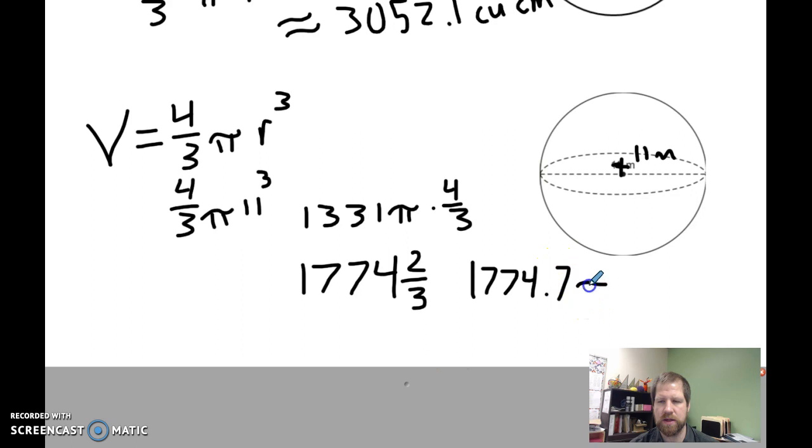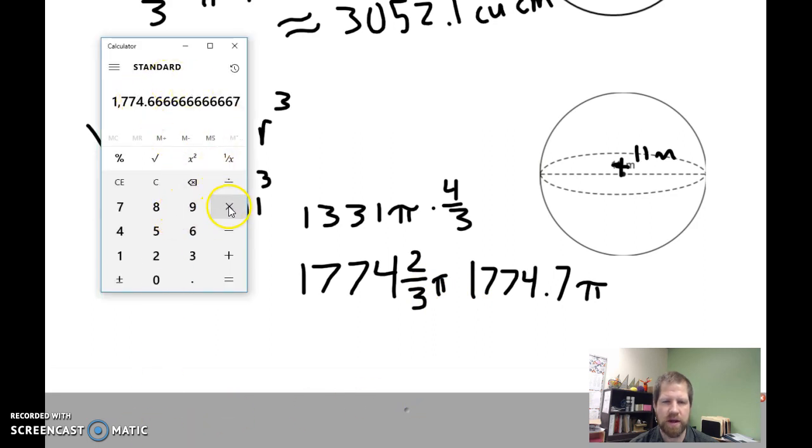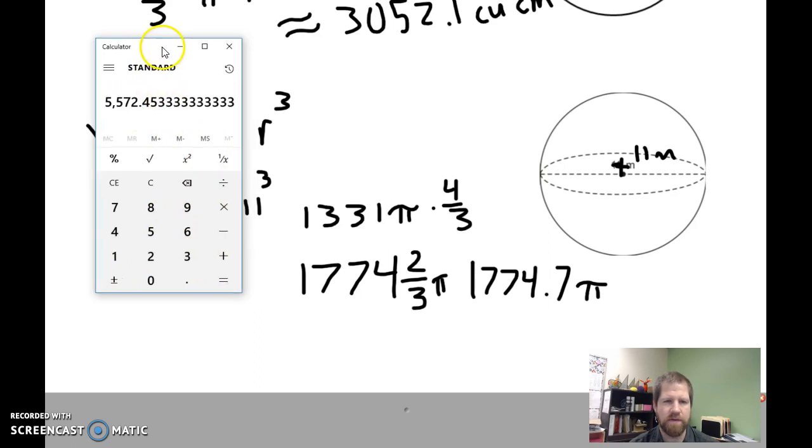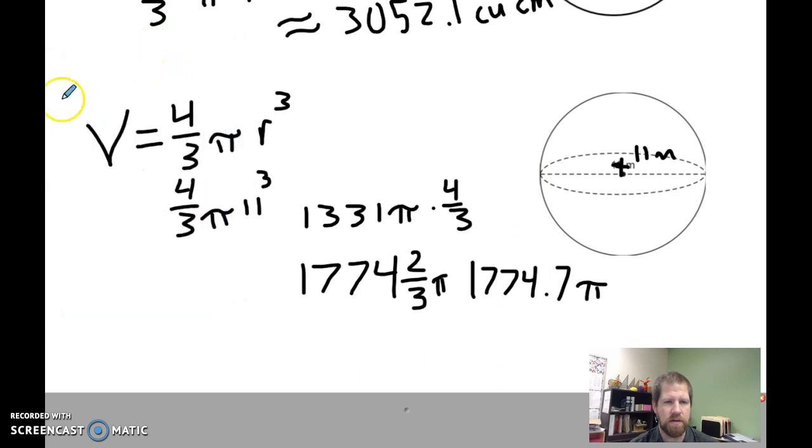And this still has my pi in it. If I wanted to find the actual value to the nearest tenth, I'd have to come back and multiply by 3.14, which gives 5,572.5.